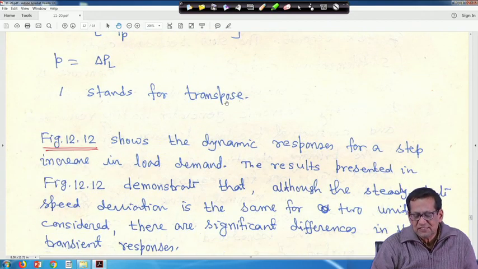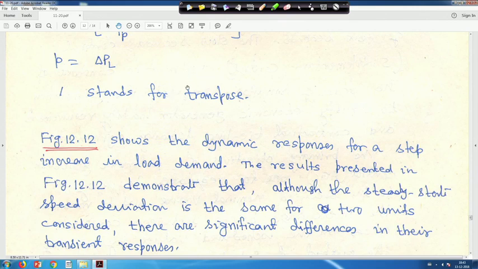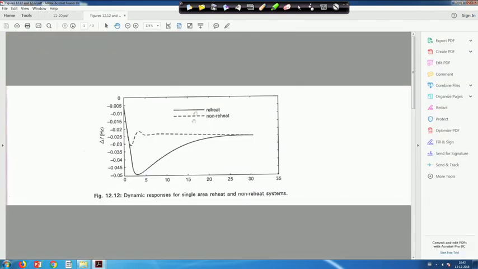Figure 12 shows the dynamic responses for a step increase in load demand. I will show you the dynamic responses, just hold on. This is figure 12. Although the steady state error remains the same, this continuous line is for the reheat turbine, and when the transfer function is dropped, the 3 into 3 model, the dashed one is for the non reheat turbine.